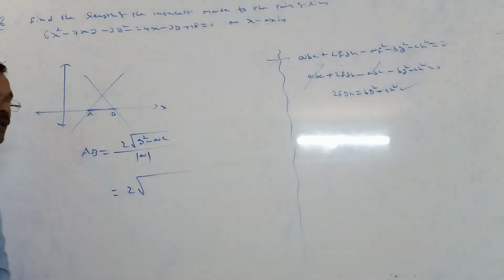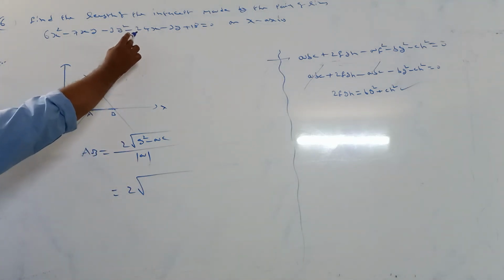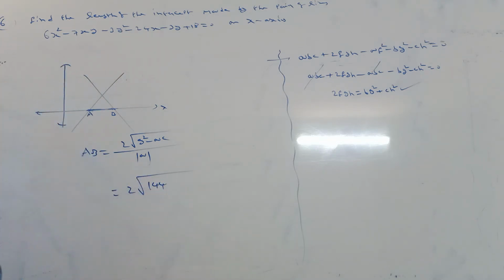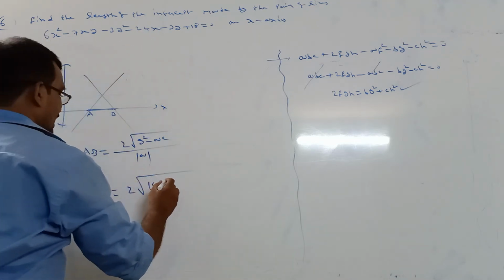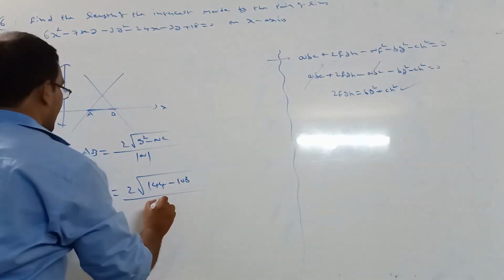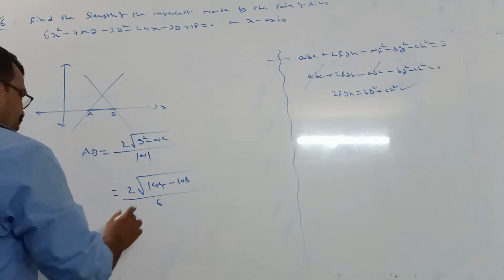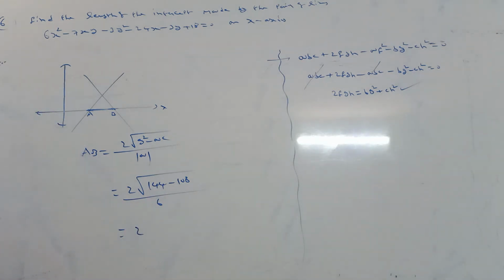So use the formula. 2g = −24, so g = −12, and g² is 144. ac is 6 into 18, which is 108, divided by mod a, that is 6. 144 minus 108 is obviously 36. Root 36 means 6. So the answer is 2 units.